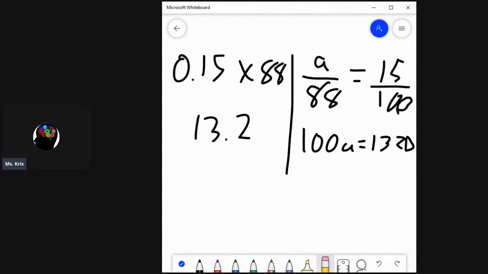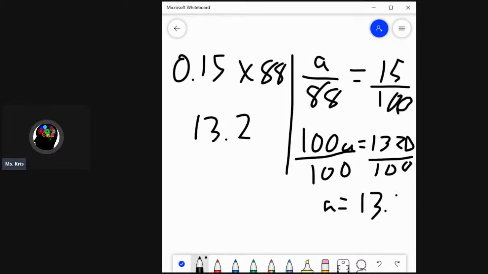So now, divide both sides by 100. And of course, A is going to equal still 13.2. So whenever you're trying to solve percent problems, if it says what's the percent, you are going to cross multiply and divide to find the percent, or you're going to cross multiply and divide to find the number that you're looking for.